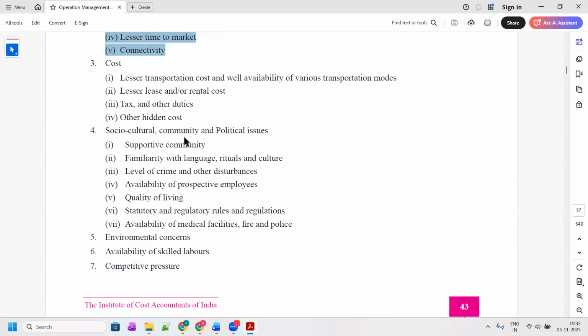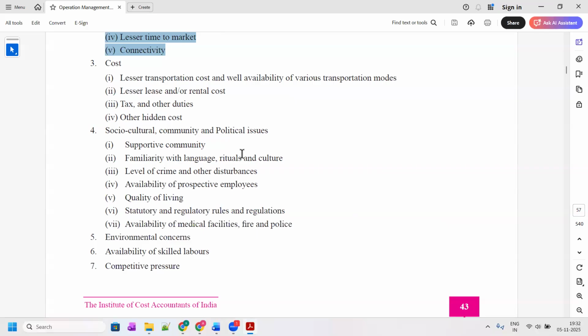The other reason can be socio-cultural, community and political issues. Wherever we want to set up our company, we want a supportive community. The locals should cooperate with the business. Cultural compatibility requires that language should not be an issue of communication with the management and the workforce.